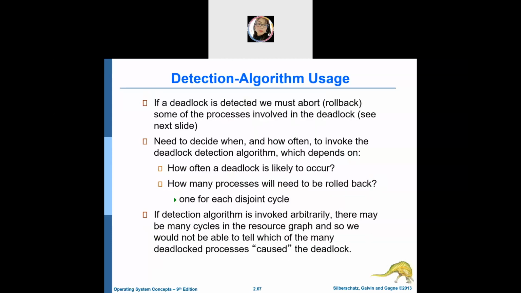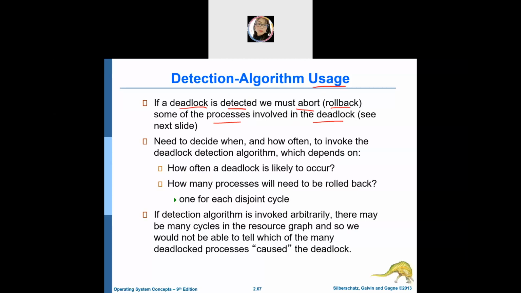So let's check here. Detection algorithm usage. So where you're going to use and how. So if deadlock is detected, we must abort. So you're going to roll back some of the processes involved in the deadlock.